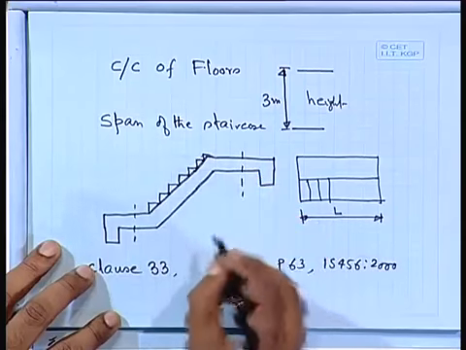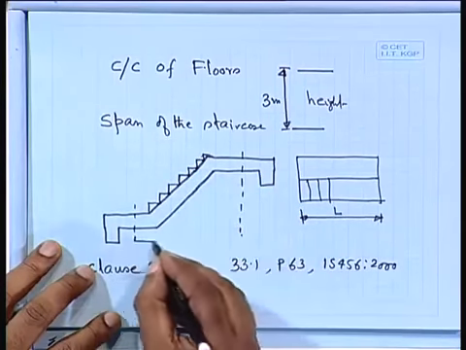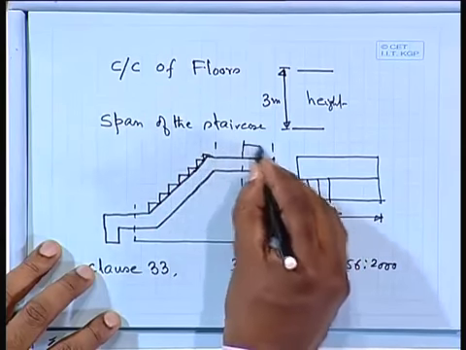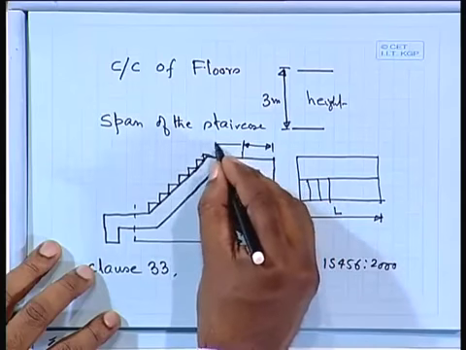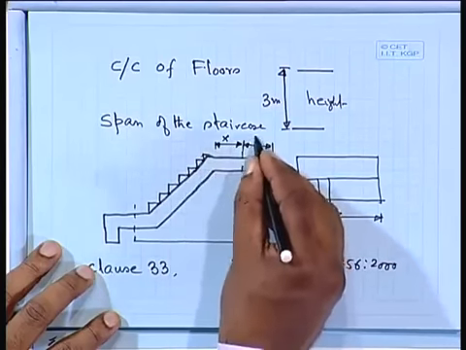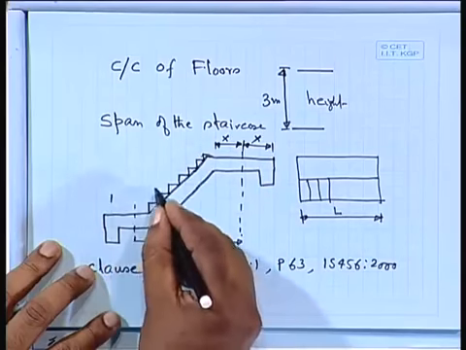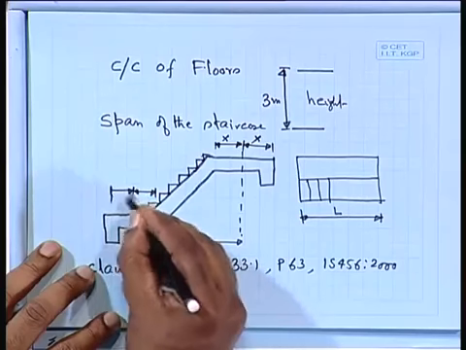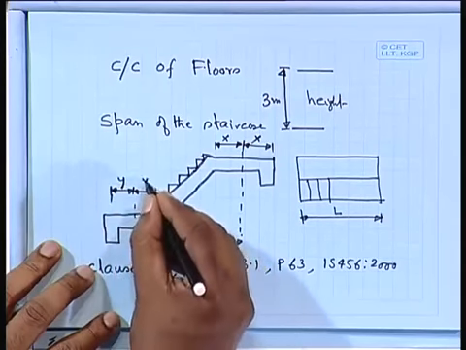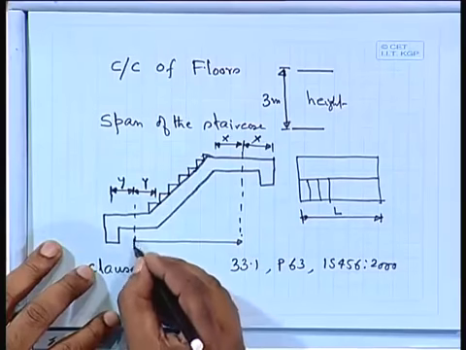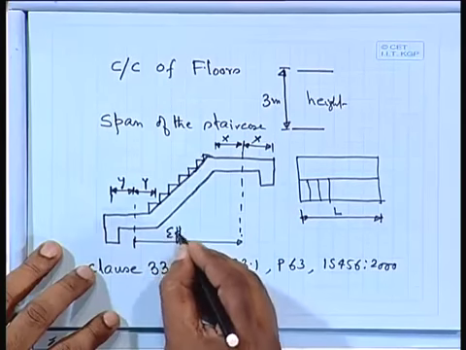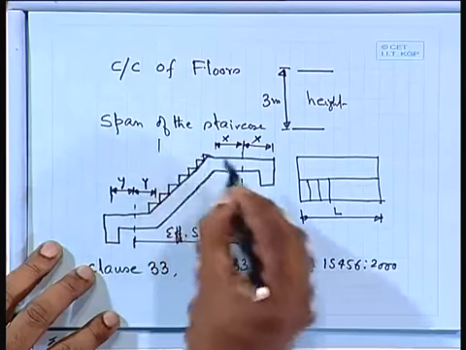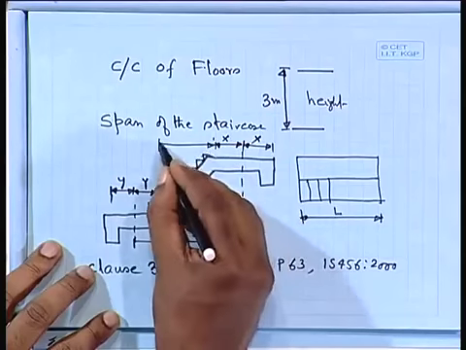For this case we take it here, this one up to this one, say x, and this is say y. Our code says, and this is your effective span, and this is a certain distance, say s.